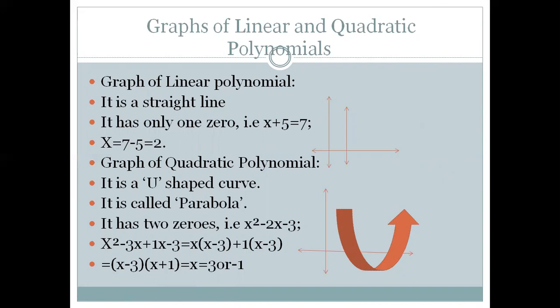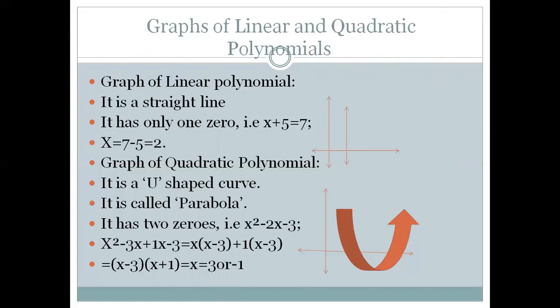It's very, very important, children. So the name of this U-shaped curve is nothing but parabola. It has two zeros. If you observe here, the degree of this quadratic polynomial is 2, so it will have two zeros. When the degree of the polynomial is 1, that's why it has only one zero, which is in linear polynomial.